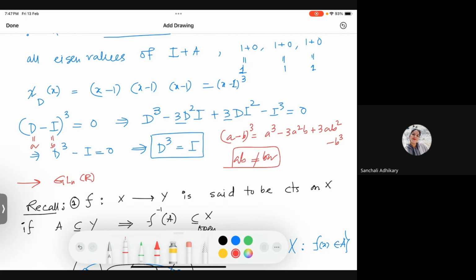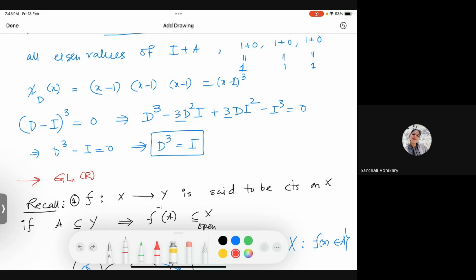But in this case, D into I is equal to I into D. Here AB is equal to BA, here A into B is equal to B into A. So I can apply this formula. Okay, fine. Is that clear now?